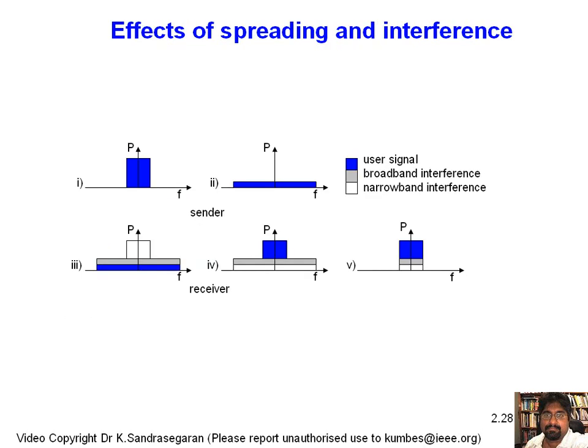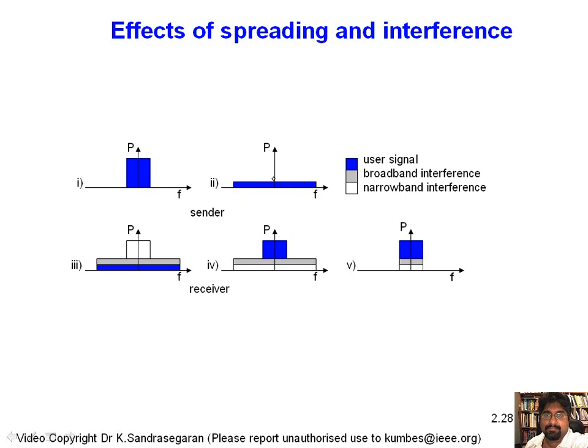So as I said before, initially you start off with a narrowband signal at the sender at some power, and as a result of spreading it, you're spreading the same signal over a wide band of frequencies. Now the power has to remain constant, or the area of this graph has to remain the same.